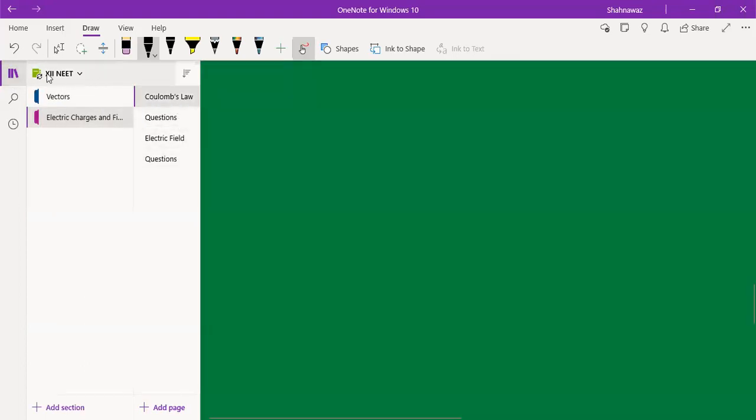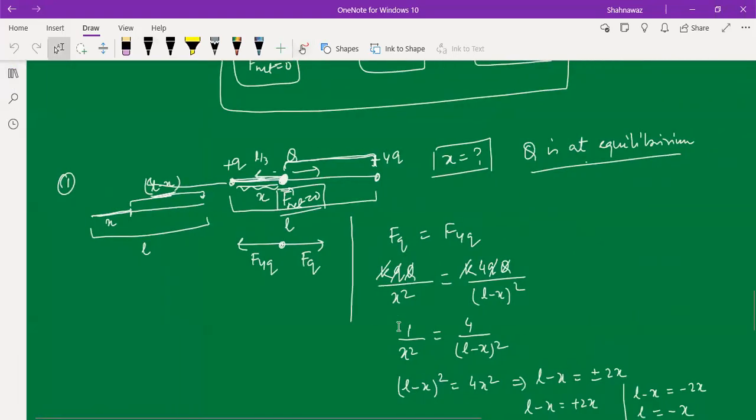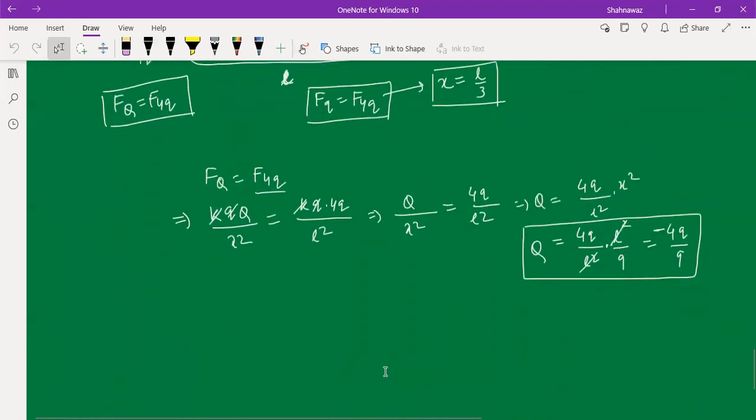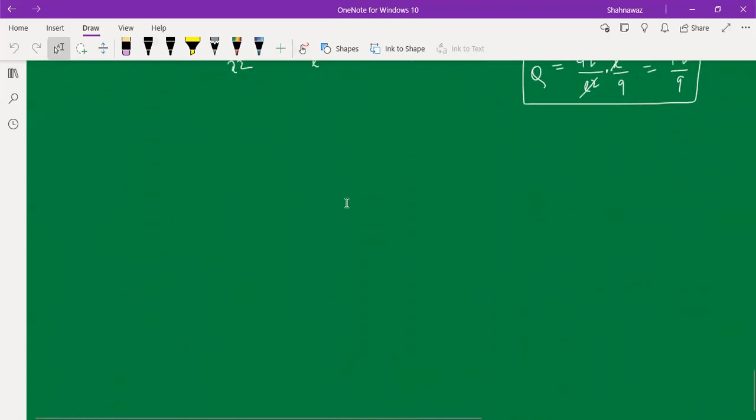So the next topic is that you can combine Coulomb's law with equilibrium and with another force, which is tension, right?